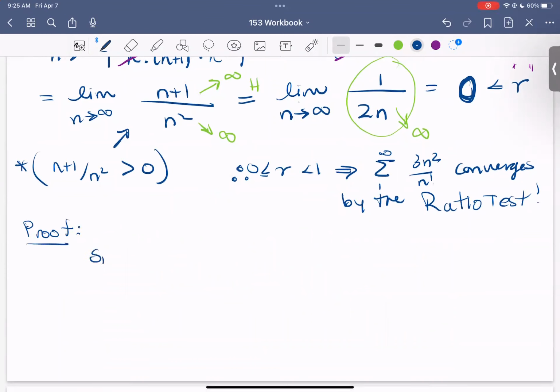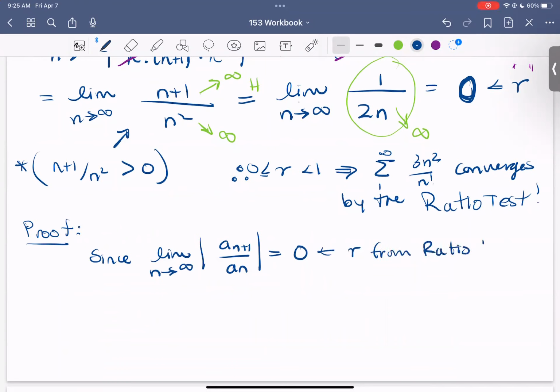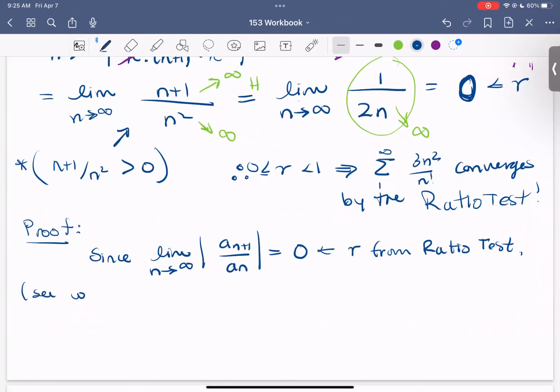We can say, since the limit as n goes to infinity of the absolute value of a sub n plus 1 over a sub n is equal to 0, which is the R from the ratio test, and we can say see work above.